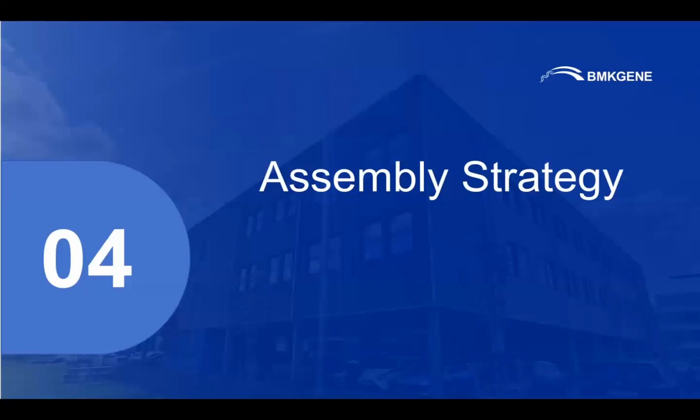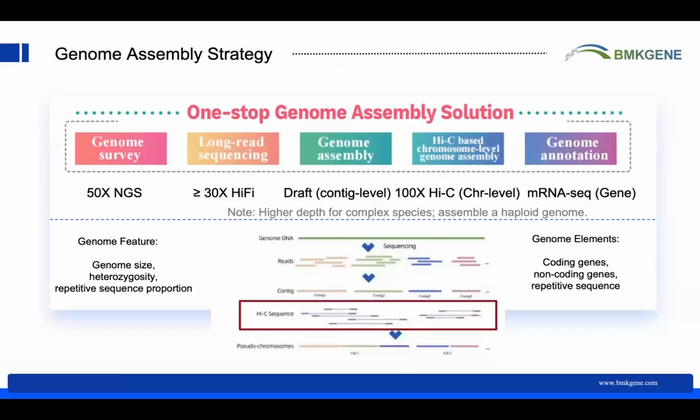After that, I will give some assembly strategies for you to reference to assemble a genome. For a common genome assembly strategy, first, you need to do a genome survey to get genome features like genome size, heterozygosity, and repetitive sequence proportion, to get an idea of whether the species is complex or simple.